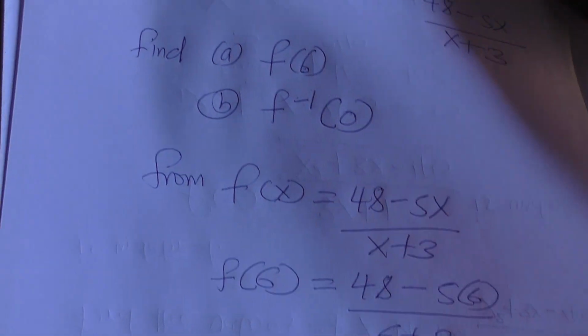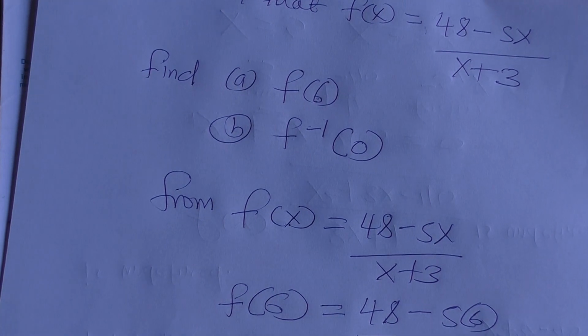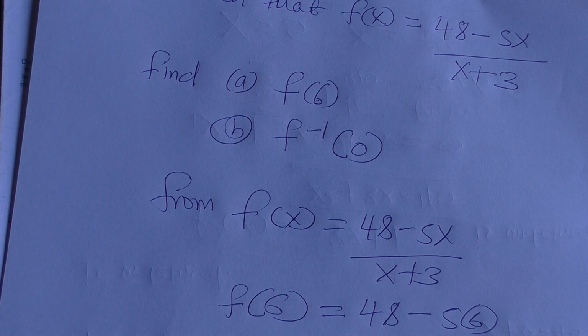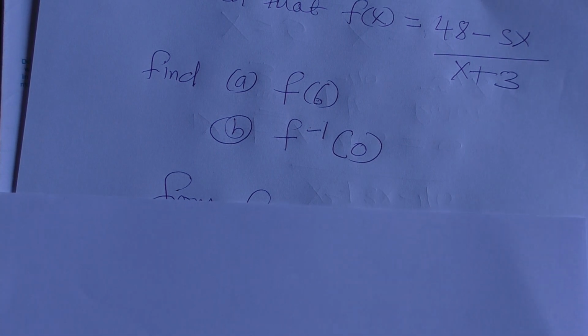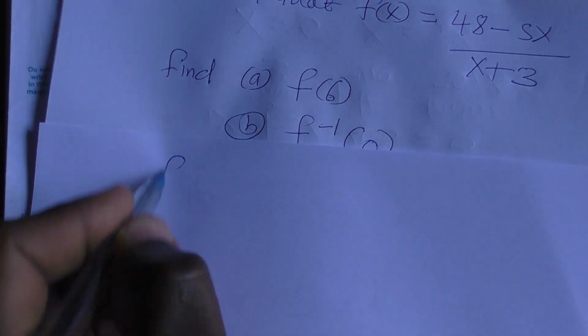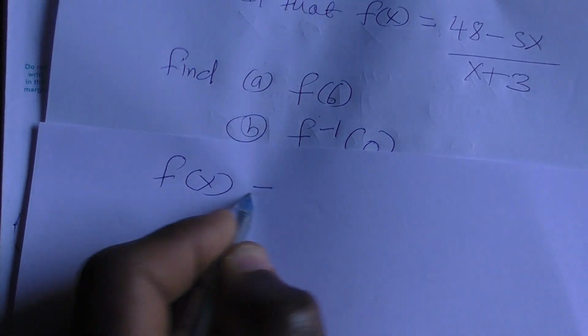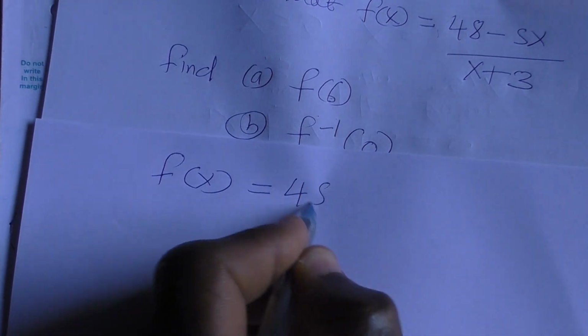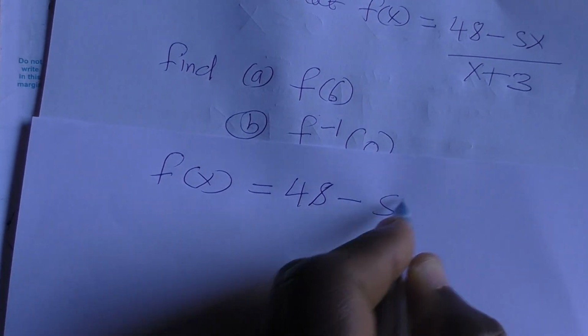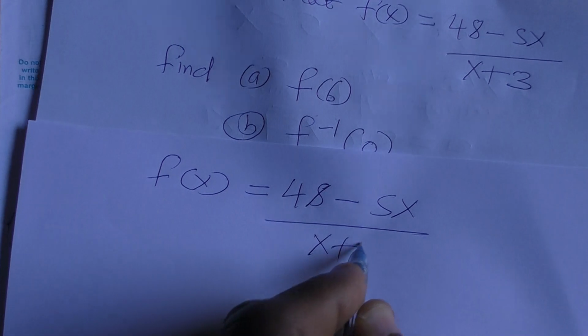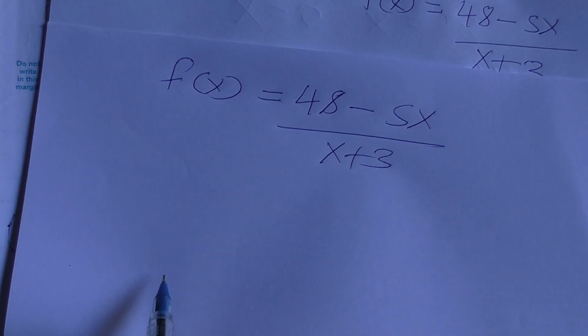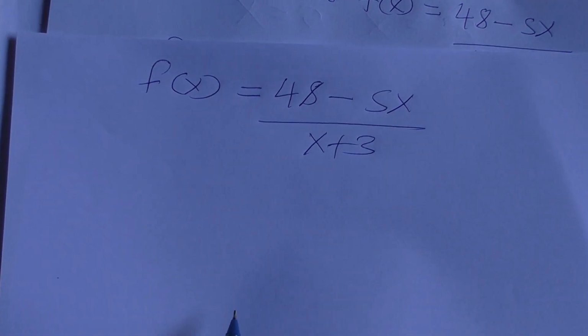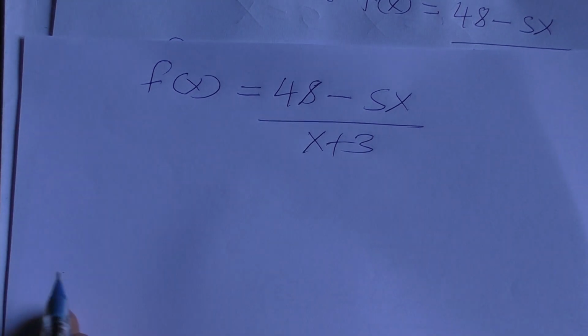Then we go to our second part, which is asking for the f inverse of 0. For us to find the f inverse of 0, we must first of all get the f inverse of x. Then from there, that's when we shall substitute x with 0. That is, we have the f of x as 48 minus 5x over x plus 3. Remember, we have 3 steps of how we can get the f inverse.